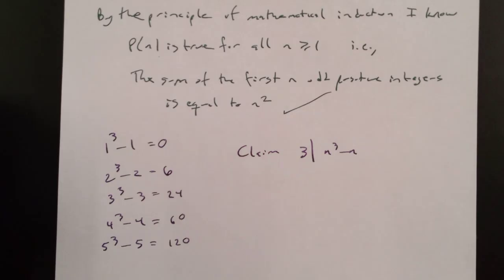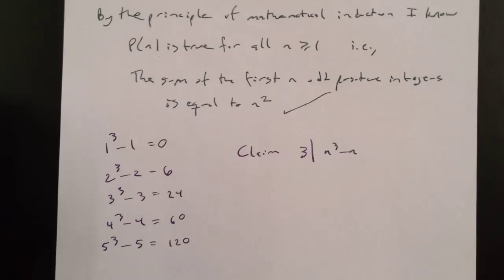Grab your calculator. 187 cubed. I have no idea what 187 cubed is. But you can calculate that, right? Subtract 187. Divide by 3. Your remainder is 0, isn't it?